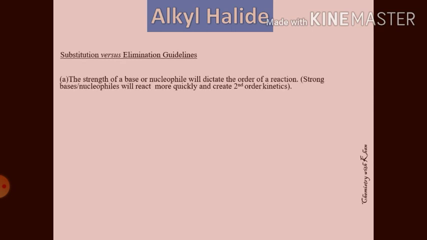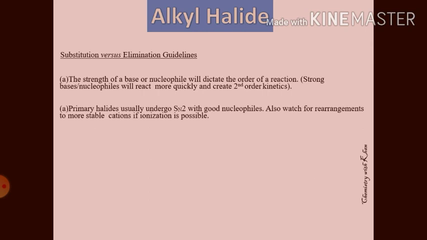Now we will discuss substitution versus elimination guidelines. The strength of a base or nucleophile will dictate the order of the reaction. A strong base or nucleophile will react more quickly and create second order kinetics. Primary halides usually undergo SN2 with a good nucleophile. Also watch for rearrangement to a more stable cation if ionization is possible.